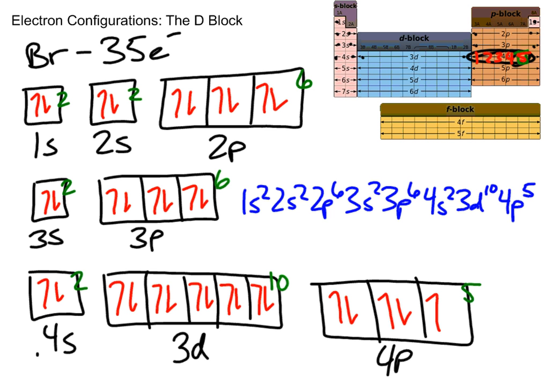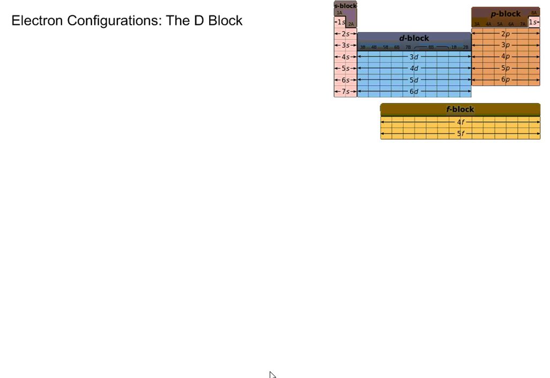All right, so before you finish this video, what I would like you to do is do your own electron configurations for an element past number 20. Okay, I'm going to go ahead and delete all this here. What I'd like you to do is give me the long and short electron configuration for the element strontium.